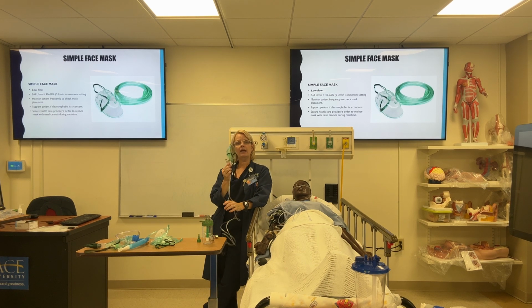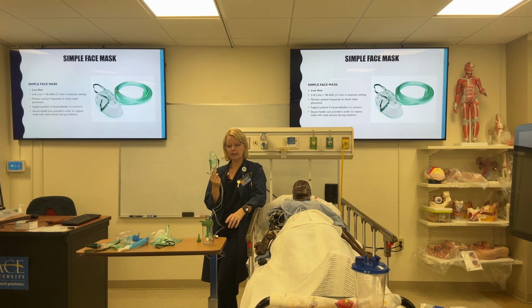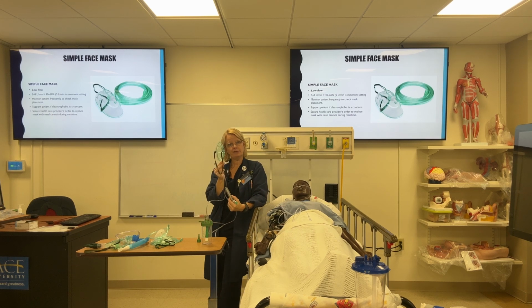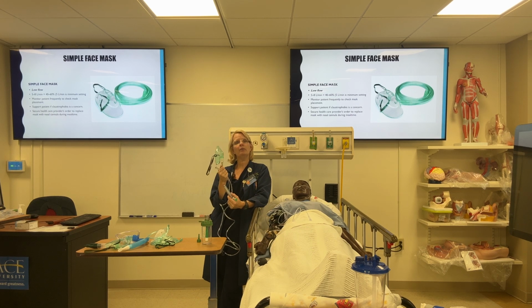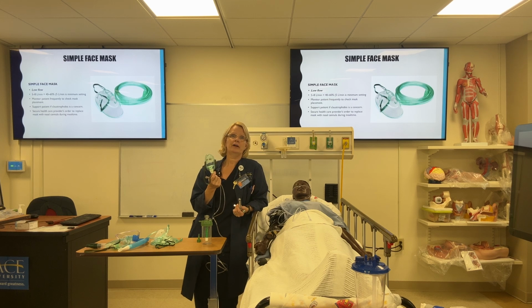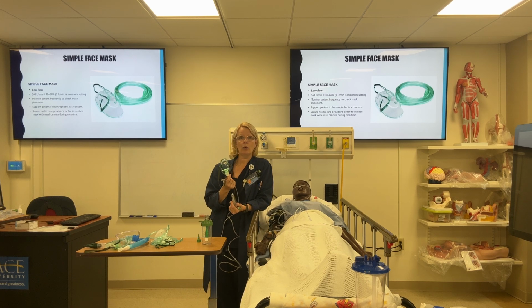Typically, if I set my flow meter anywhere from 5 to 8 liters per minute and put them on a simple face mask, they're going to be getting between 40 and 60% FiO2, which is a nice way to increase the patient's oxygenation if the nasal cannula is not working.